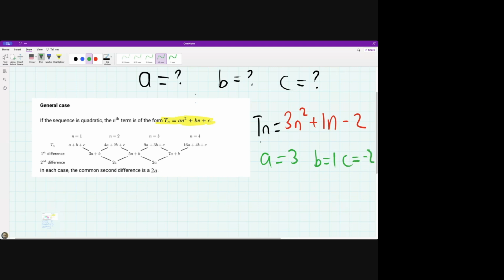But we need to find a way that we figure out those values so that it fits with our number pattern. Okay, now, there's a lot of algebra on the screen that I can talk to you about in another lesson.